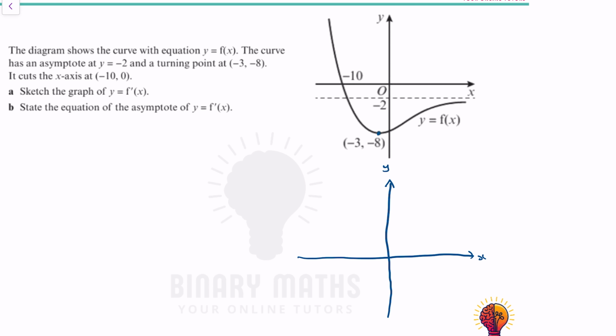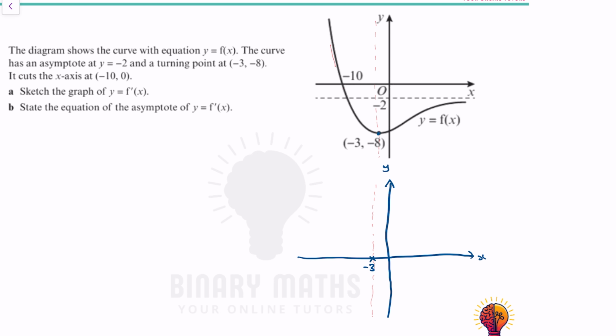So because at -3 we've got a stationary point, that means when I draw my y is equal to f dash of x, then I know that -3 is going to cross the x-axis. Let's look at what is happening in the two sections of my graph.